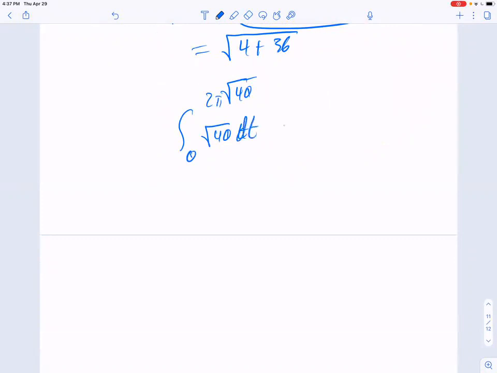So, sorry, that should be a dt. And that gives you root 40 times t from 2 pi to 0. That gives you 2 pi root 40. Okay, any complaints? Is everyone happy with this?